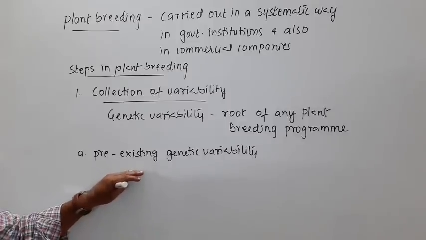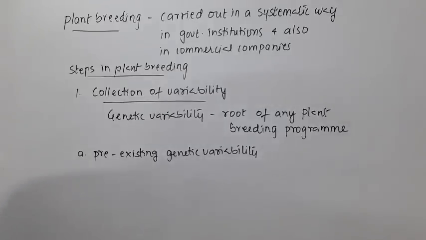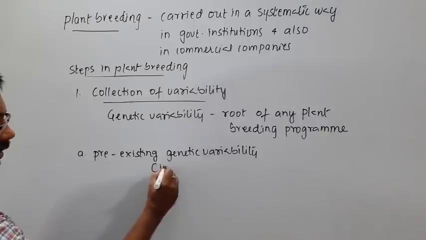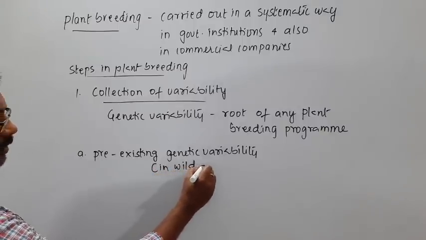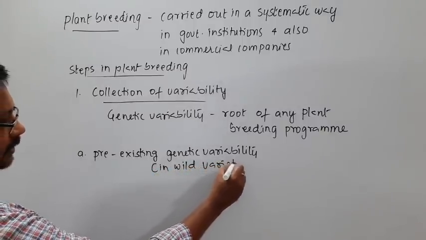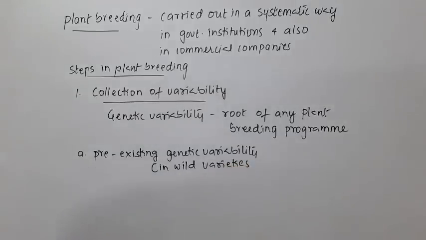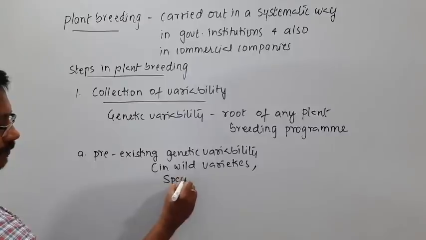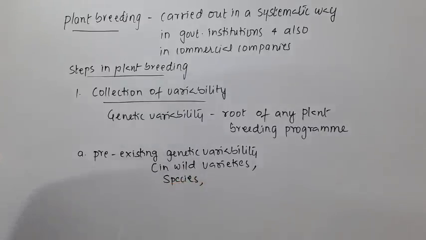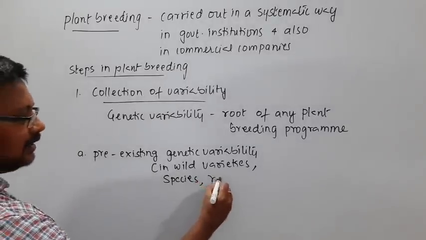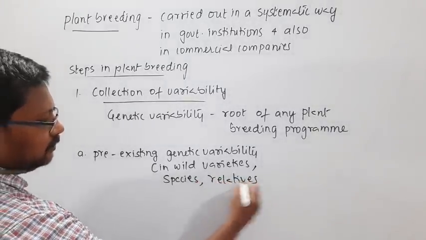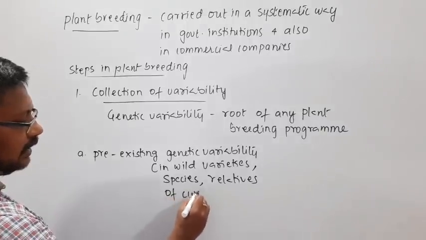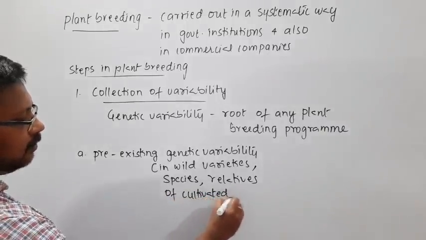So pre-existing genetic variability is what we try to find in wild varieties or species, which may be different breeds or species, or even the relatives of cultivated crops.